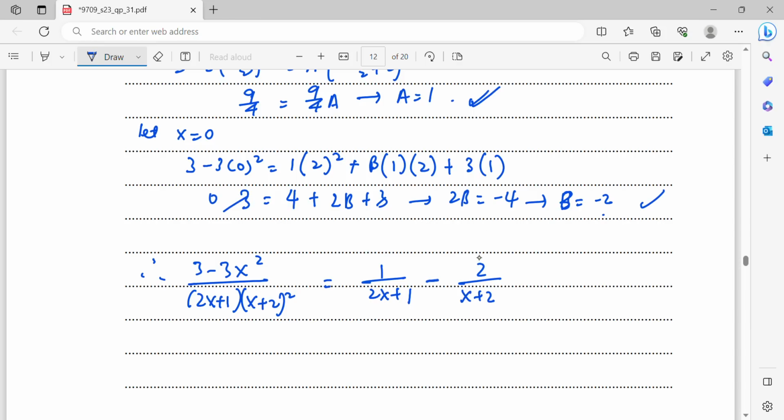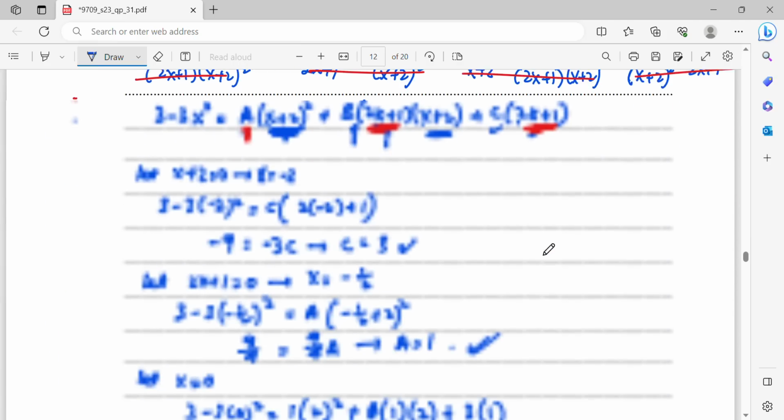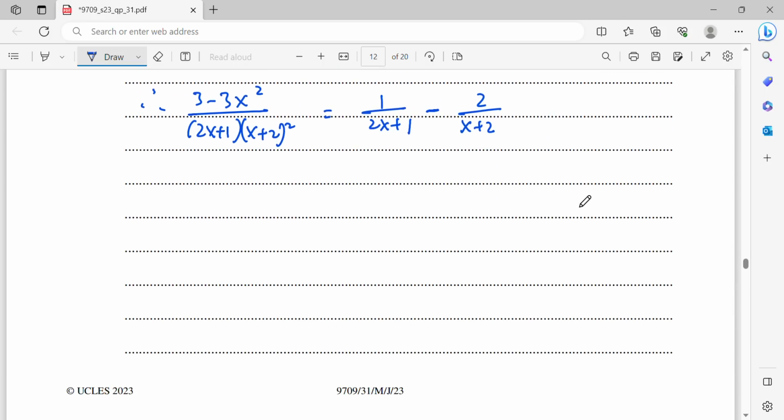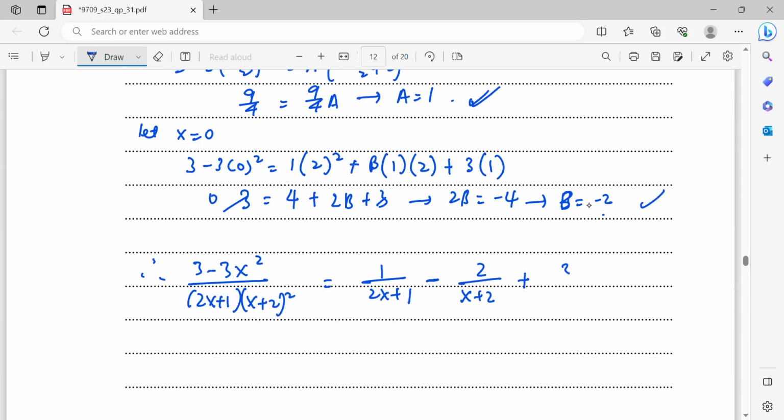Okay, lastly, plus c. Right, hang on please. So the c is 3. Okay, so here is going to be plus 3 over (x plus 2) squared. So that is our solution of this question.